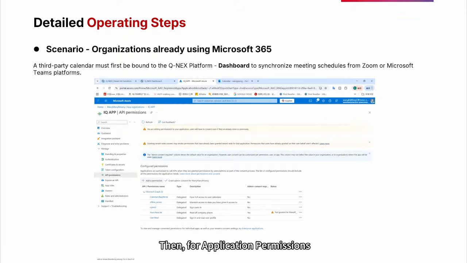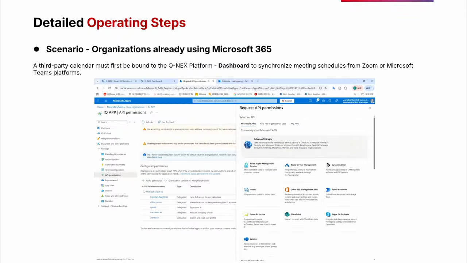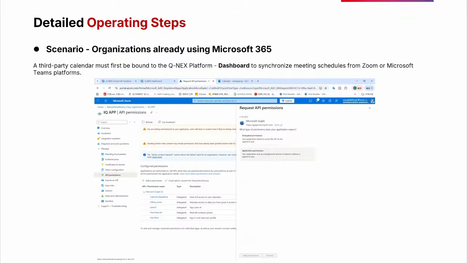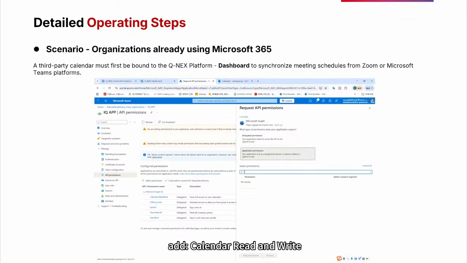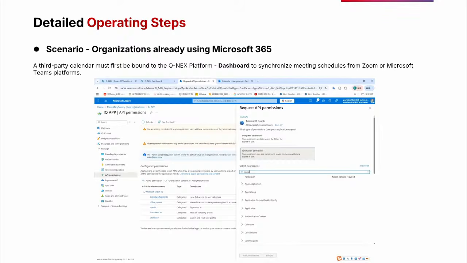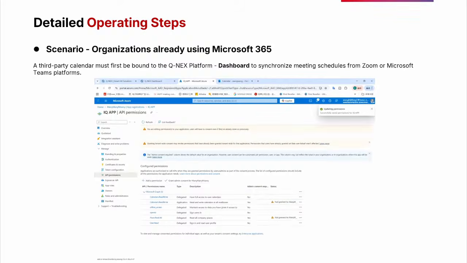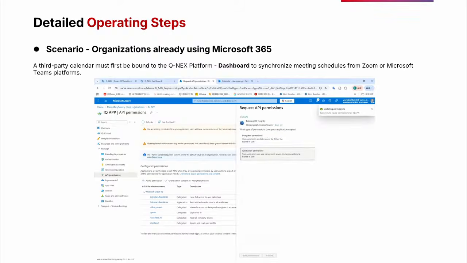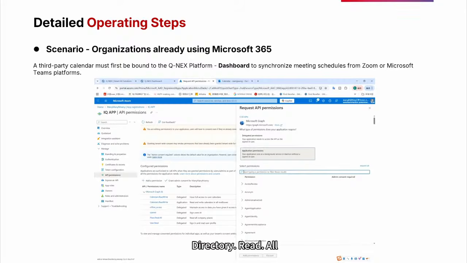Then, for application permissions, add Calendar Read and Write. Directory Read All.